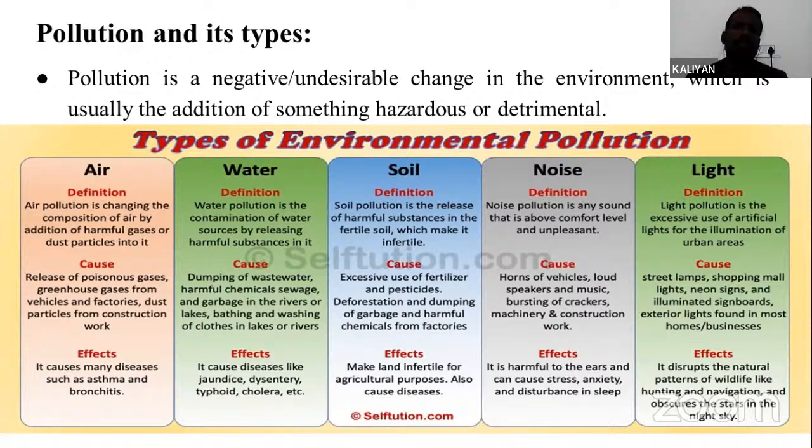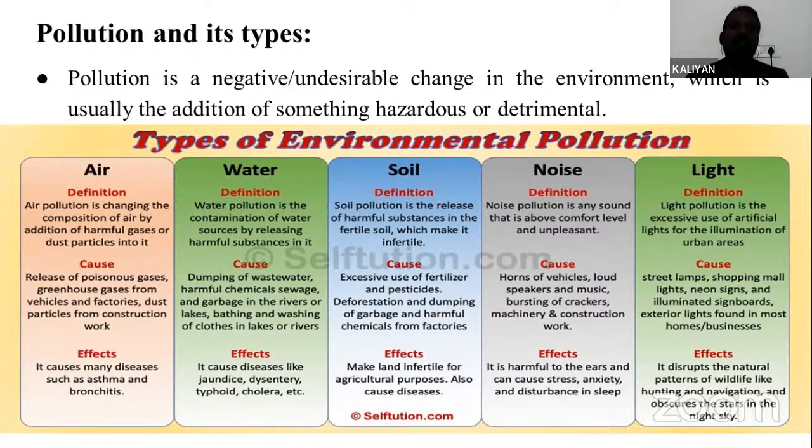Air pollution is the changing of the composition of the air by the addition of harmful gas or dust particles. The causes are the release of poisonous gases and greenhouse gases from vehicles and factories, and dust particles from construction work. It causes many diseases like asthma, bronchitis, and other breathing-related issues.